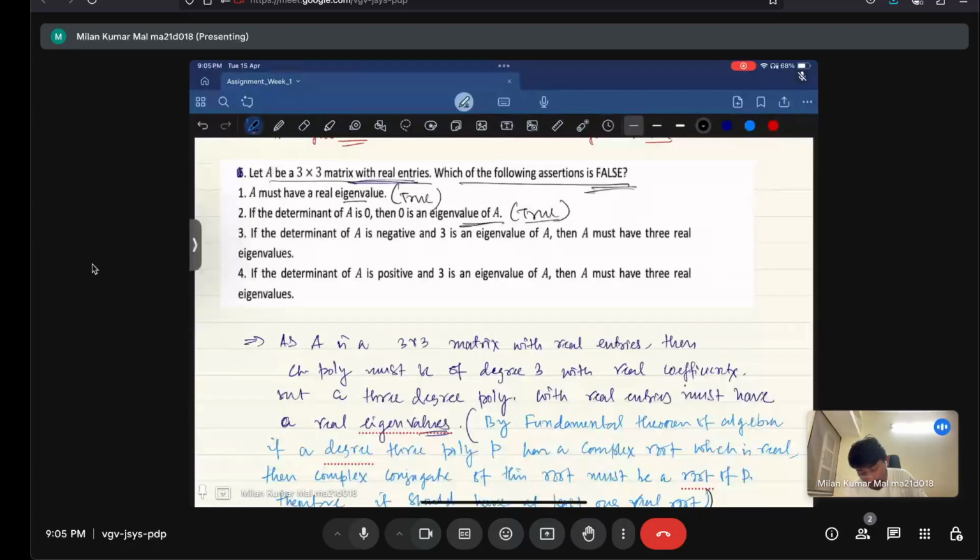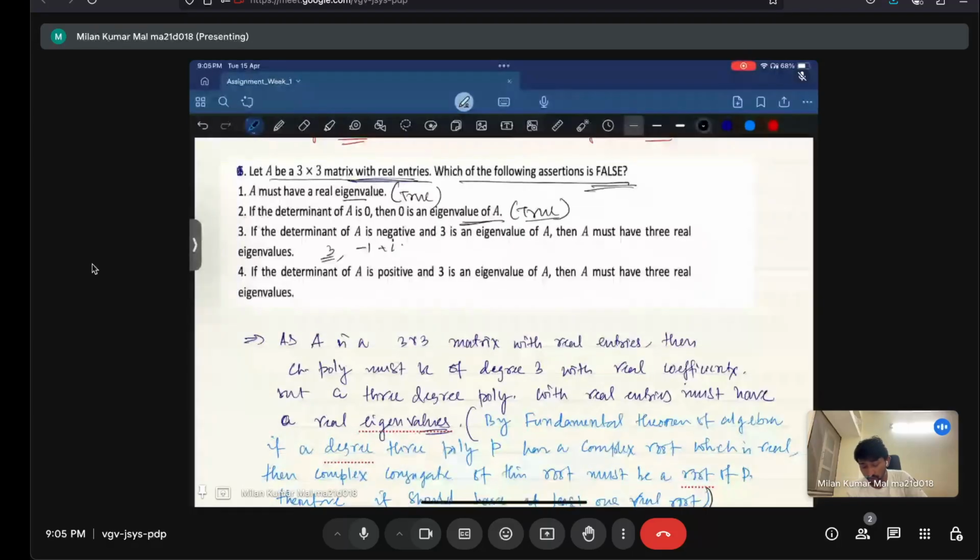Let's take 3 as an eigenvalue, and consider other eigenvalues like minus 1 plus 2i and minus 1 minus 2i. So what is the determinant of A?